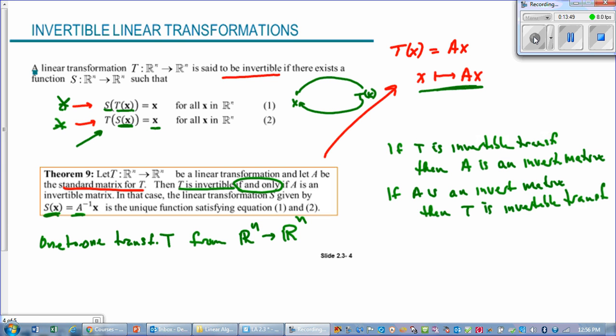But the two spaces are the same. The codomain and the domain are the same. Well, back in section 1.9, we had theorem 12 that said that if T is one-to-one, then the columns of A were linearly independent. So that's tying the transformation to that standard matrix.